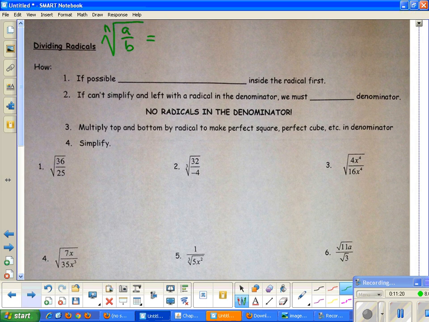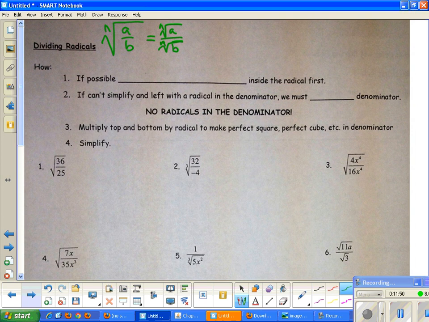Now, we don't like to have fractions underneath of a big radical like that, so we have to simplify it. There's a couple of things that you can do to simplify it, but we can separate this into the nth root of a over the nth root of b. And again, remember when we're simplifying radicals, we don't like to have radicals in the denominator, so we would talk about how to get rid of that radical in our denominator, which we'll do in a little bit, but that's the property that you need to know.